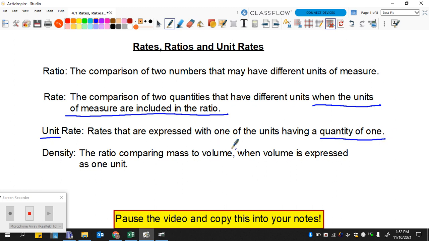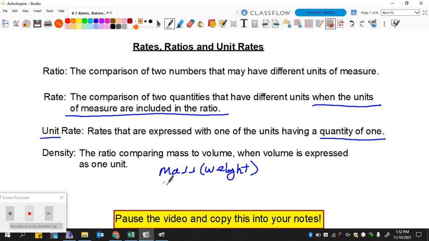Then a special ratio that we are going to look at is the ratio of density. The ratio of density is just comparing mass, which oftentimes is sort of like weight.